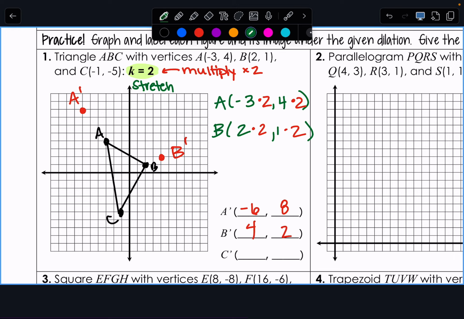And then our C coordinate is -1, -5. So if we take both x and y and multiply them by 2, what's our new coordinate? -2, -10.